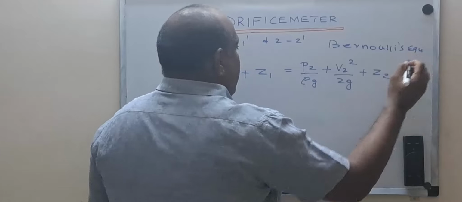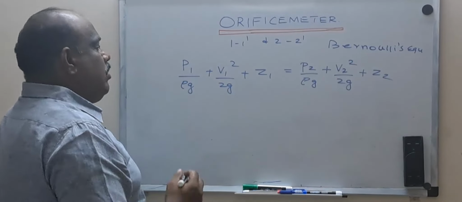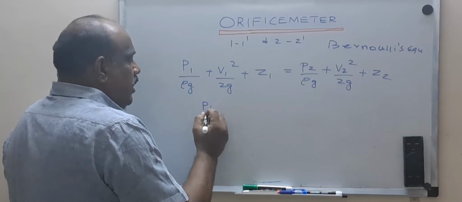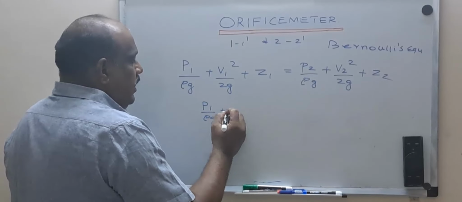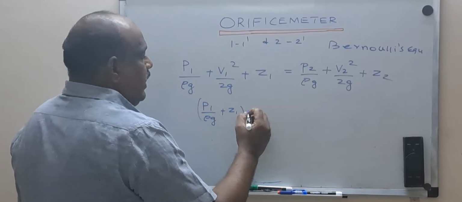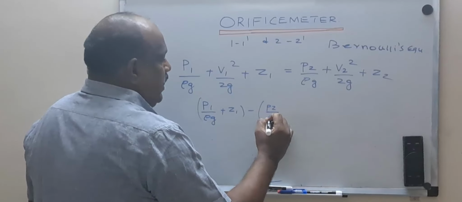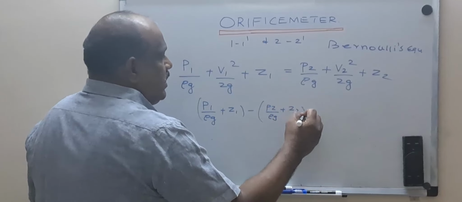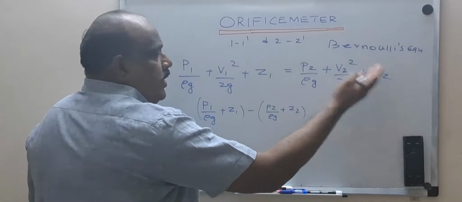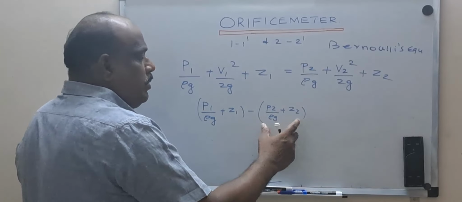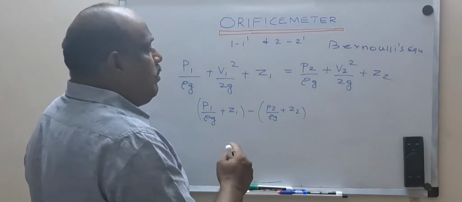Okay, fine. Now based on this equation, let us try to rearrange it like this. P1 by rho g plus Z1 minus P2 by rho g plus Z2. I am taking this term negative, this also negative, so I am taking a common negative sign between these 2 terms. This is simple mathematics.